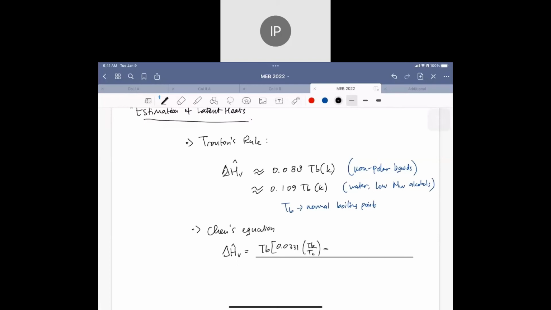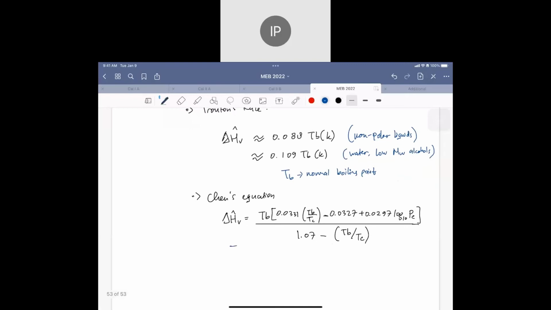And I don't recommend memorizing this, right? So TB is normal boiling point, TC is critical temperature, and PC is critical pressure.